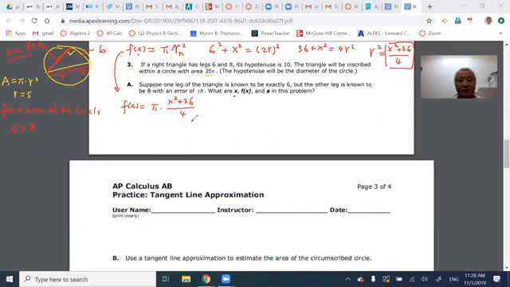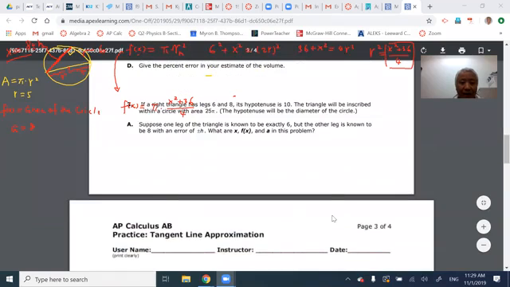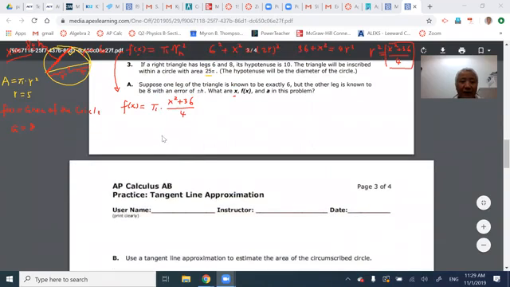After we got this, look at what they ask for in part B. They ask to use the tangent line approximation to estimate the area of the circumscribed circle. They're asking you to find the approximation of the area of the circle because the edge is changing, meaning x keeps changing.